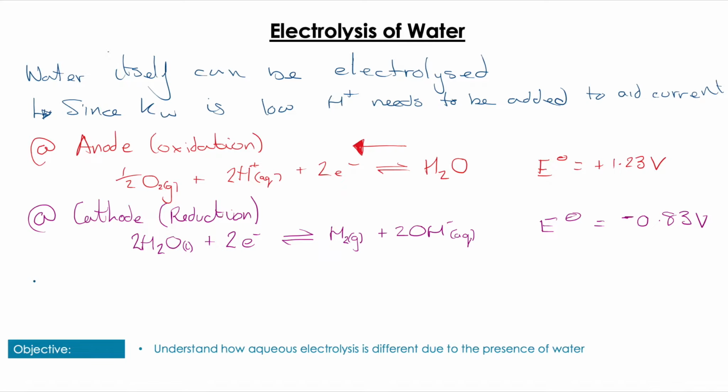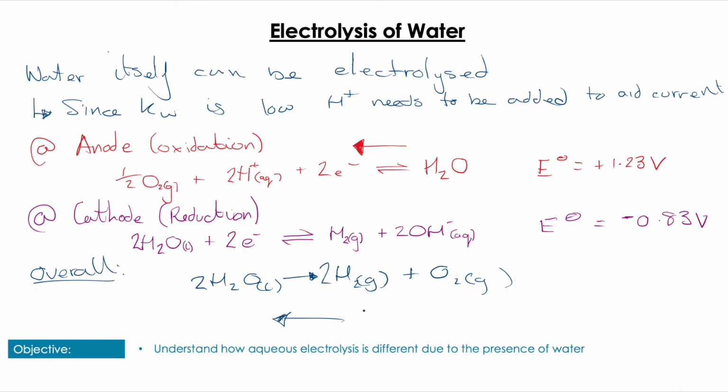Now, if we think about the overall reaction here, we have to take into account the oxidation reaction. So our overall reaction is going to be 2H2O goes to 2H2 gas plus O2 if the electrons are cancelled out. And actually, going in the opposite direction here is the reaction that makes up a hydrogen fuel cell.